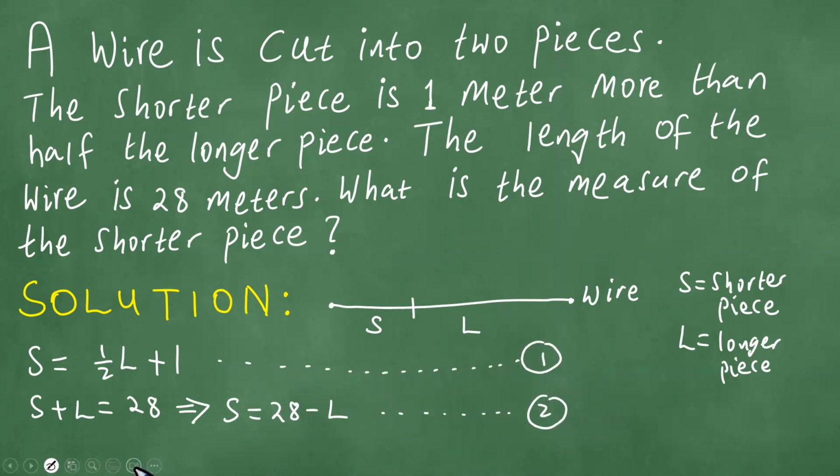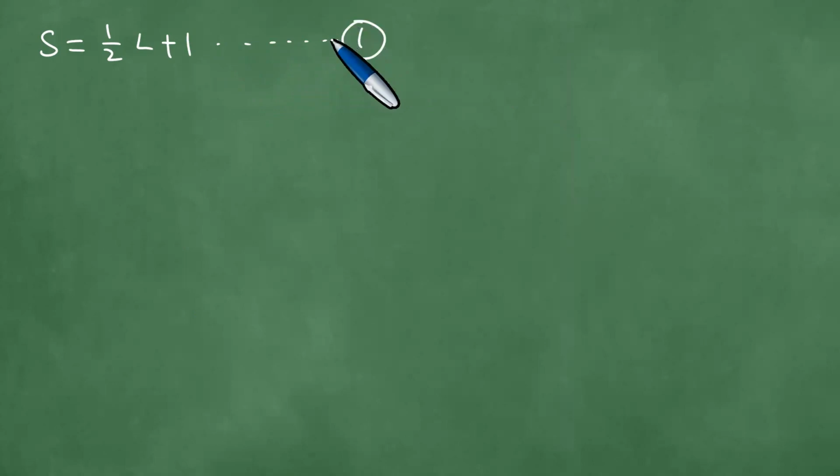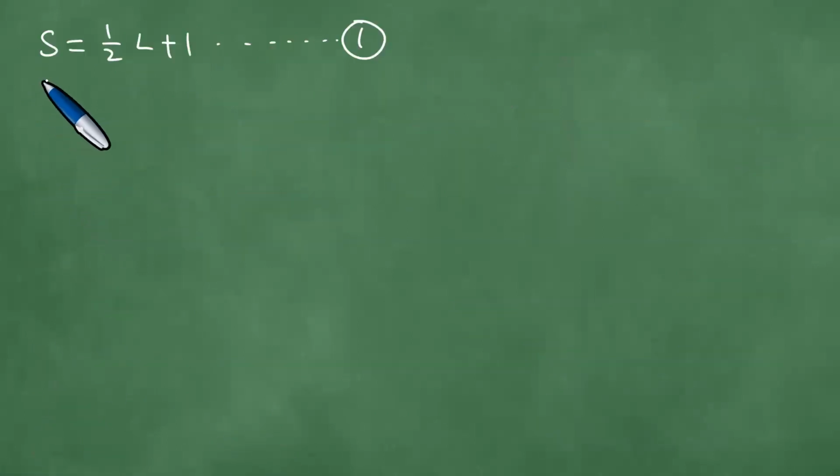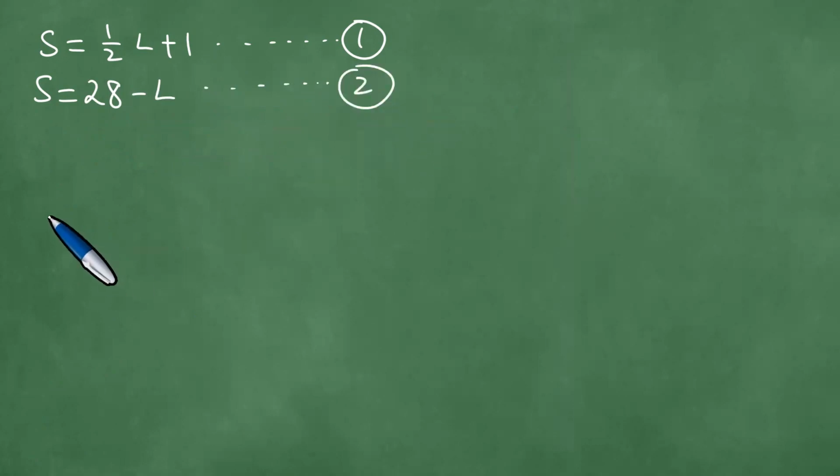So in other words, S equals half L plus 1 is equation 1, and S equals 28 minus L is equation 2.